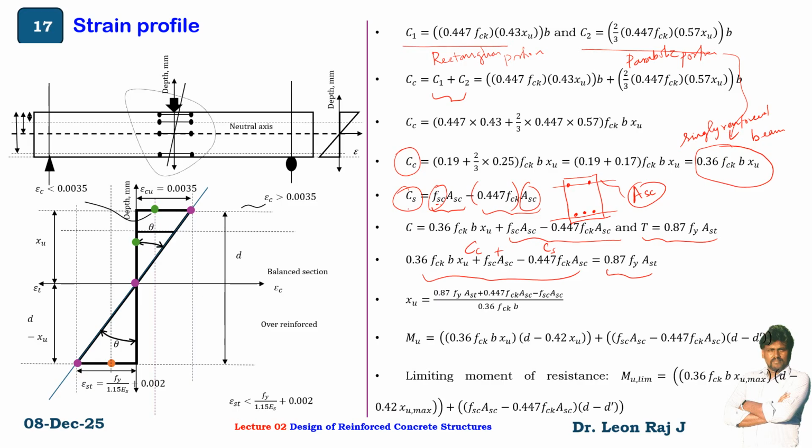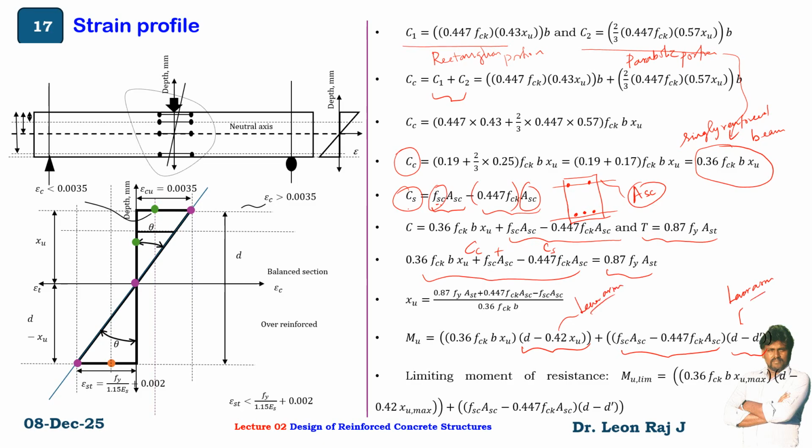So what is Mu? Mu is nothing but the compression force times the lever arm. The lever arm is nothing but d minus 0.42 xu, and for the compression steel force it is d minus d dash. So this is the lever arm, these are the lever arm distances.